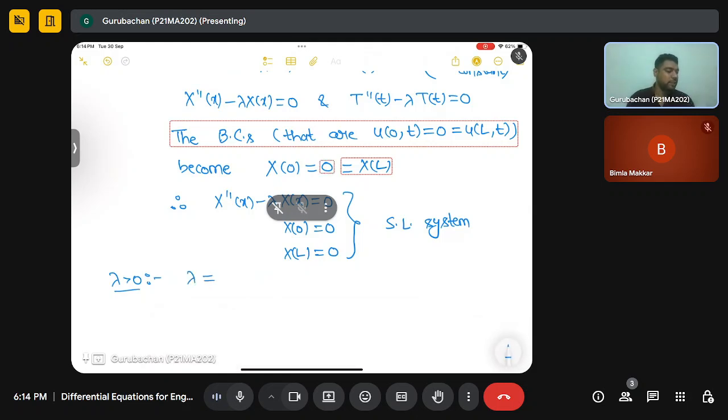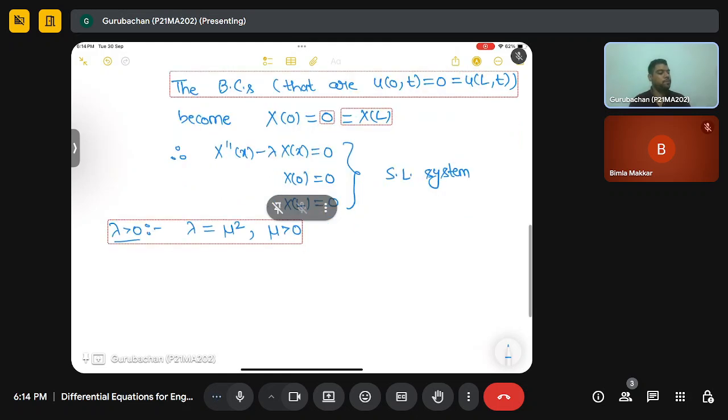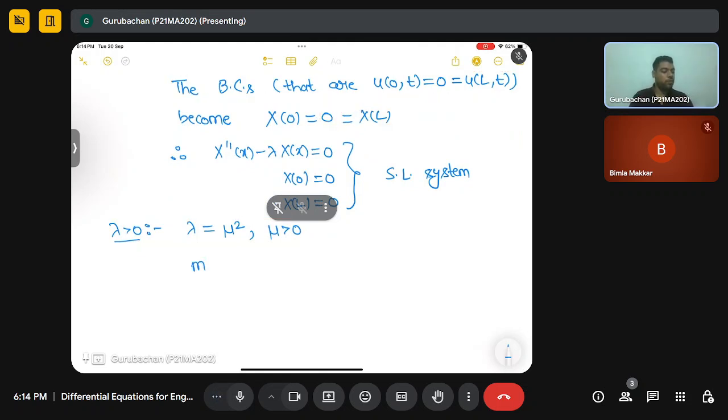That means we consider lambda equal to mu square, and mu is greater than 0. Mu less than 0 gives the same set of solutions that mu greater than 0 will give, so we only consider one case. So if lambda equals mu square, then our auxiliary equation will be like this.